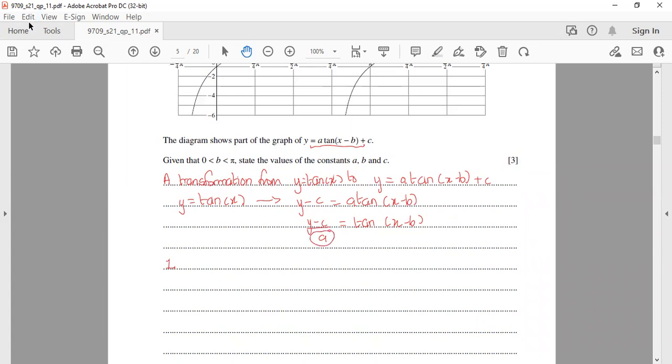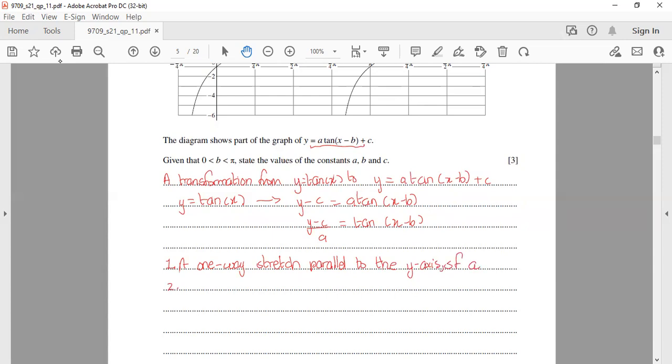So first transformation that we have, say this one. This transformation is a one-way stretch parallel to the y-axis with scale factor a.